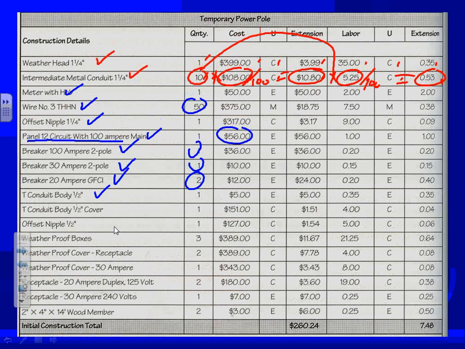Conduit body half an inch, offset nipple, weatherproof boxes, weatherproof cover receptacle, weatherproof cover 30 amps, receptacle 20 amp, receptacle 30 amp, and 2 by 4 by 40 feet wood members to build it.